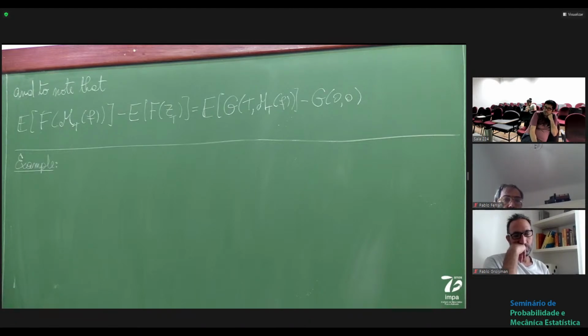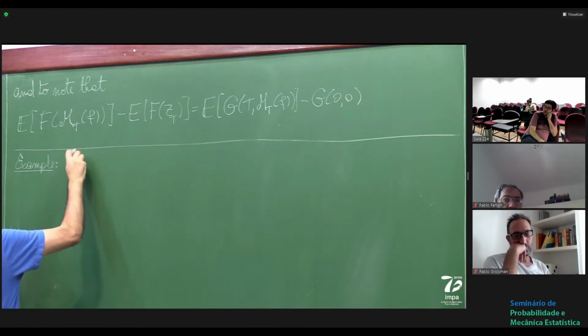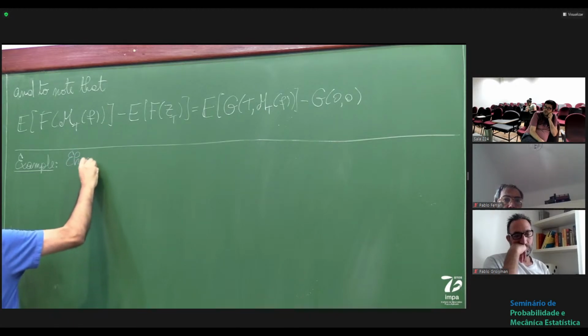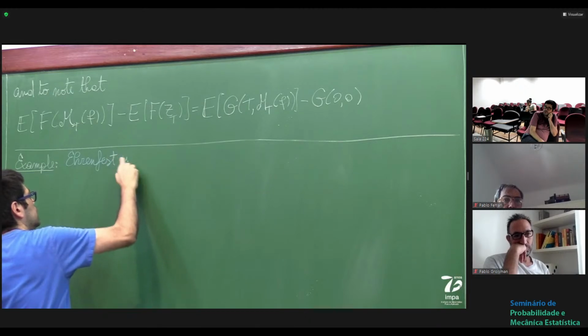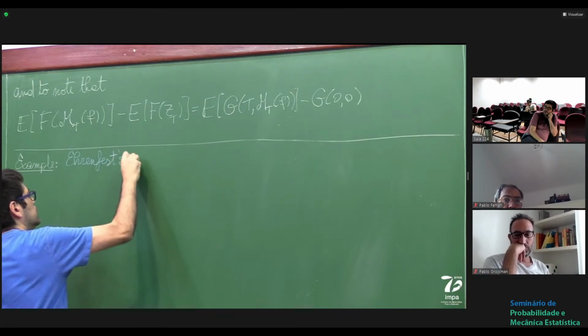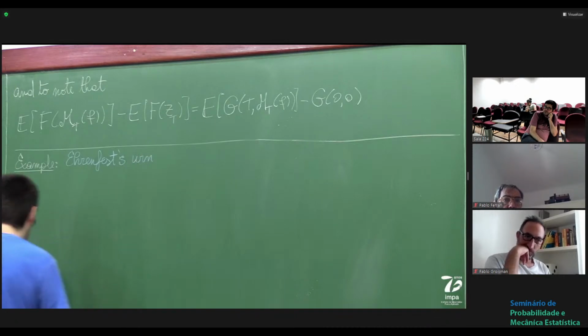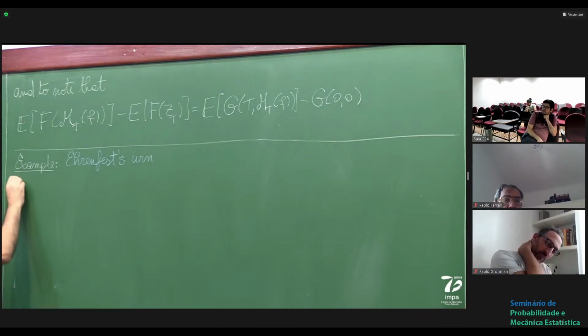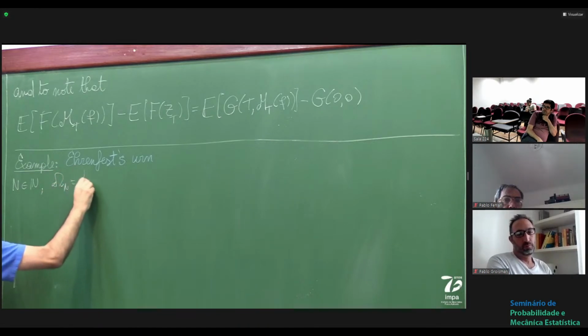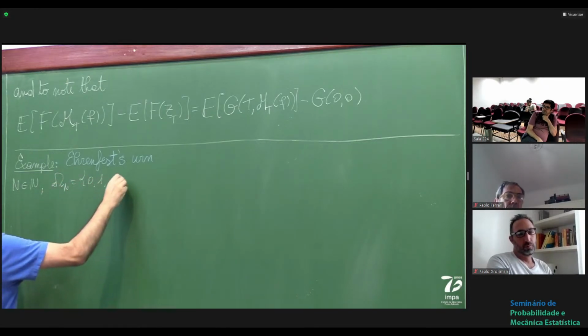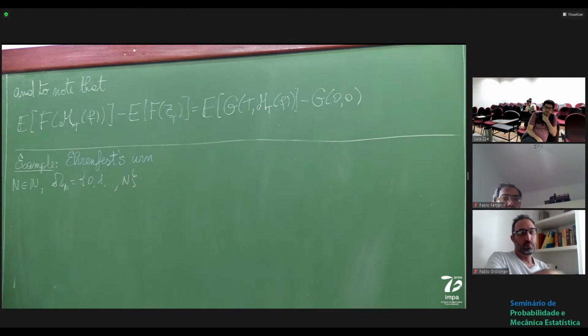This is the simplest example I could think of, which is just the Ehrenfest urn. So in the Ehrenfest urn, there is a number n. The state space is just the non-negative integral numbers up to n.